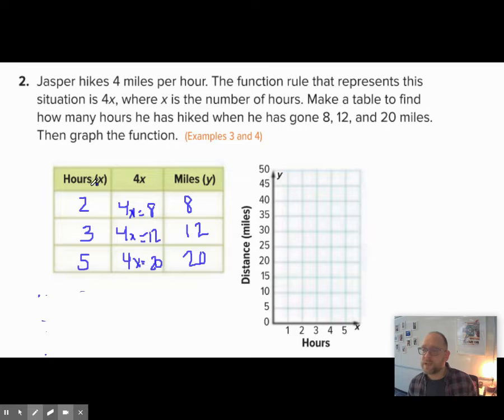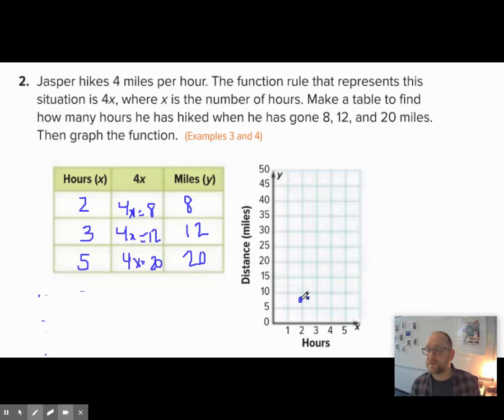Your x value is your value left or right, and your y value is your value up and down on the y-axis. For the first one, we have 2 as our x value, and our y value is 8. So I'm going to go in between the 5 and the 10, just a little bit closer to the 10.